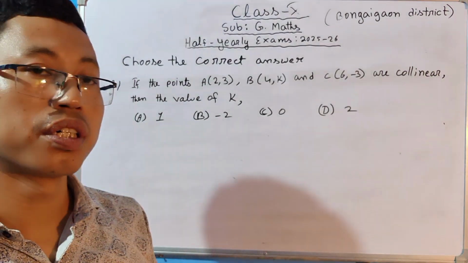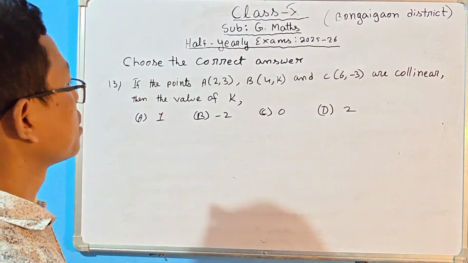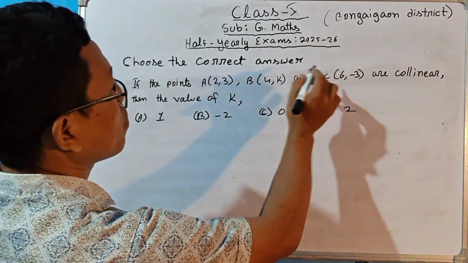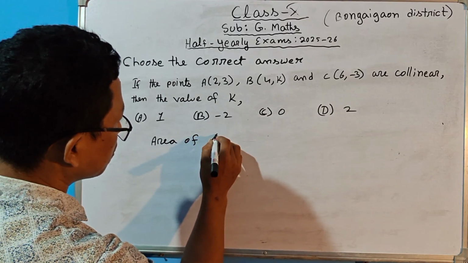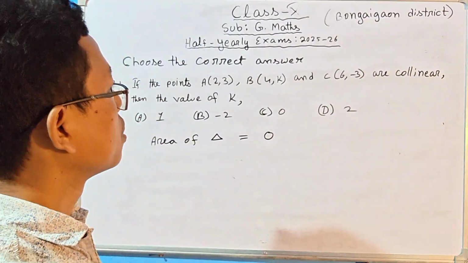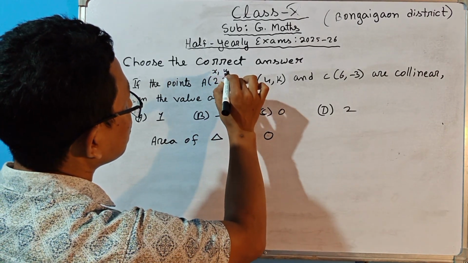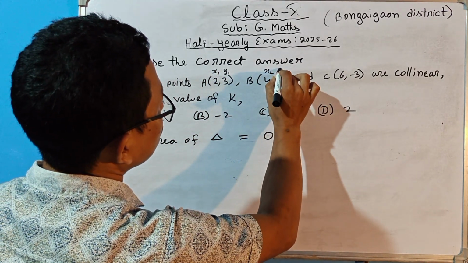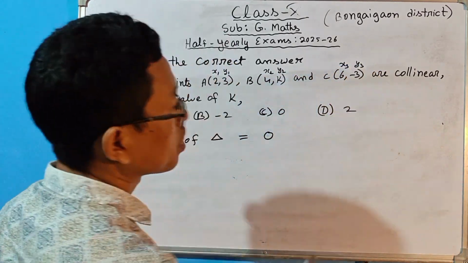Here are the options. So we know, as per the distance formula, if the points are collinear, then the area of the triangle equals 0. Clear? So before that we take x1, y1, x2, y2, x3, y3.